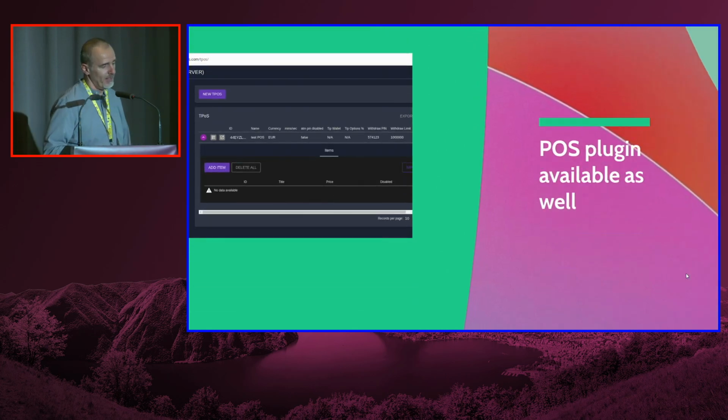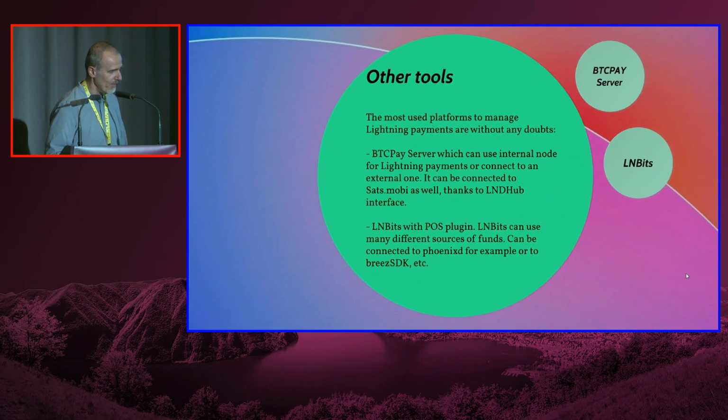And there is the POS plugin that is available as well and can be connected to each account you define on it. So this is also useful for an Uncle Jim system, where you have a node and you split the funds to your parents or friends, etc.